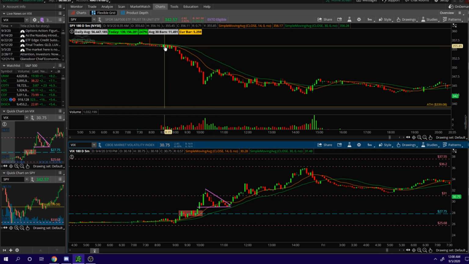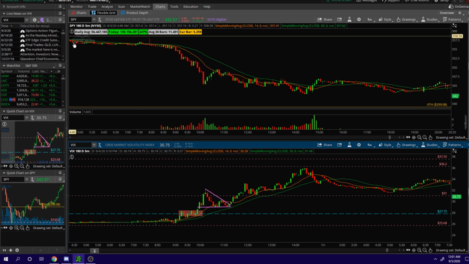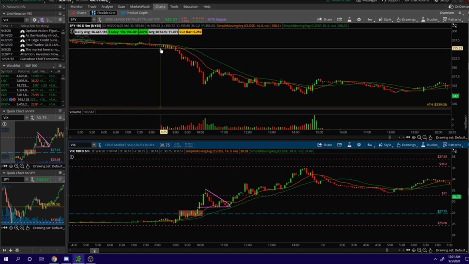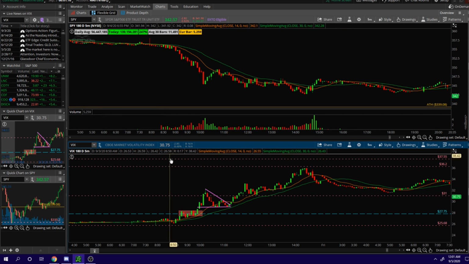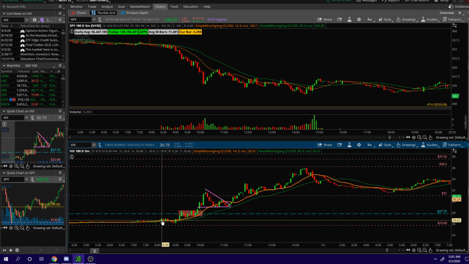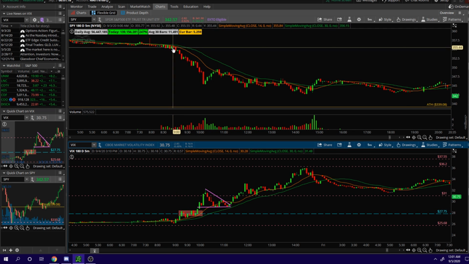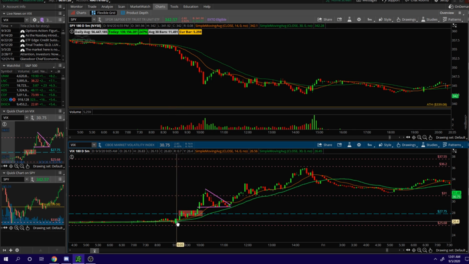So you go down into your 5-minute chart, and we'll start with the beginning of the day. You've got this consolidation on SPY, just choppy back and forth right at the bell. So you go down to your VIX, and it's the same thing. You've got your choppy open, but then you'll notice you've got this push up into this key level.